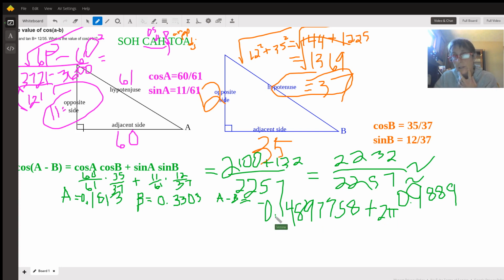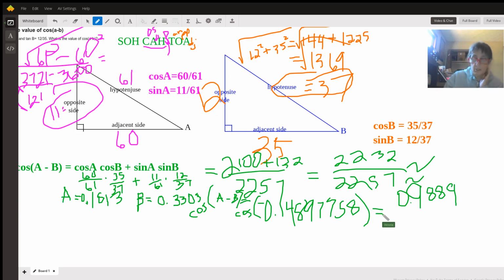Let's just find the cosine of this. We're looking for the cosine of A minus B, so we don't have to go around the circle. And besides, let's see if it checks out. We expect it should equal 0.9889 with a little bit of rounding error.